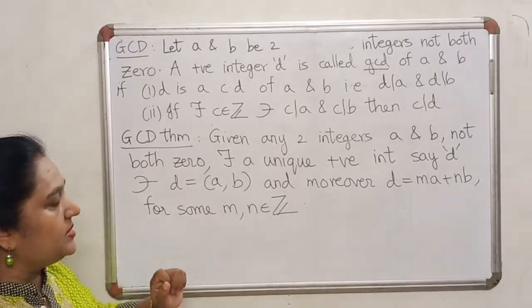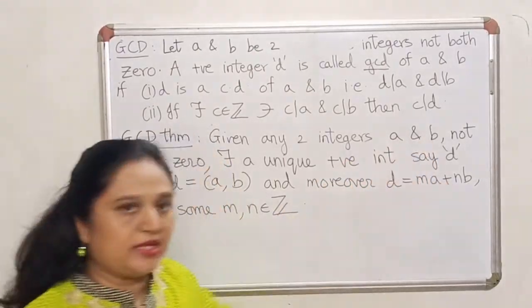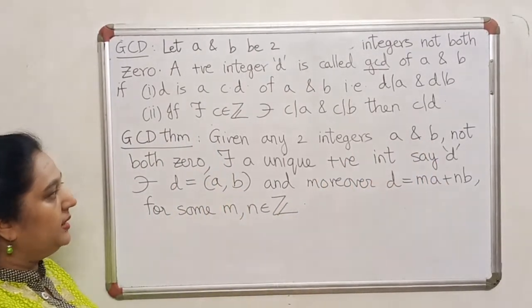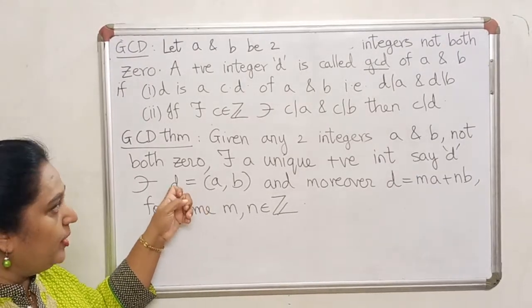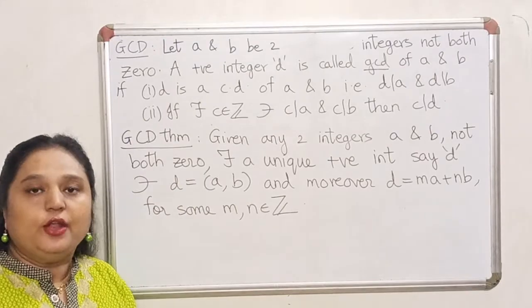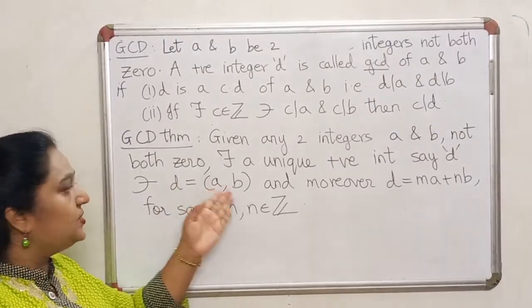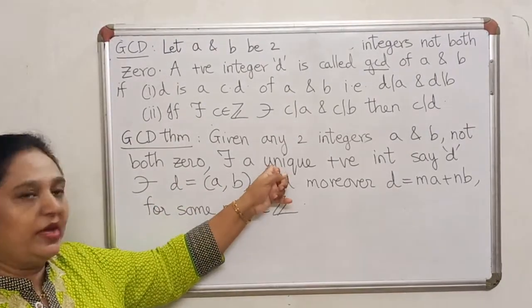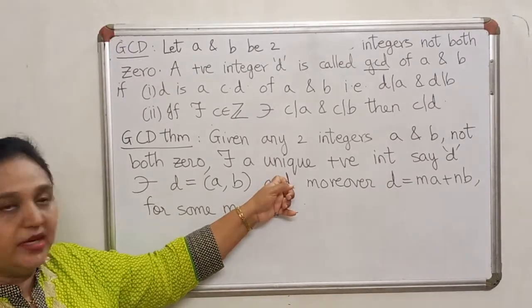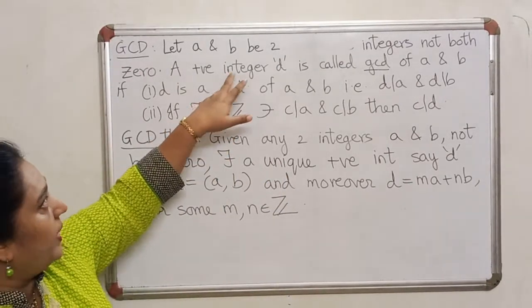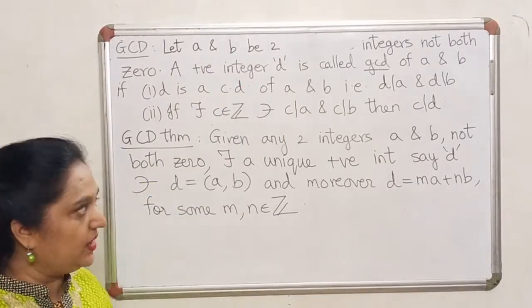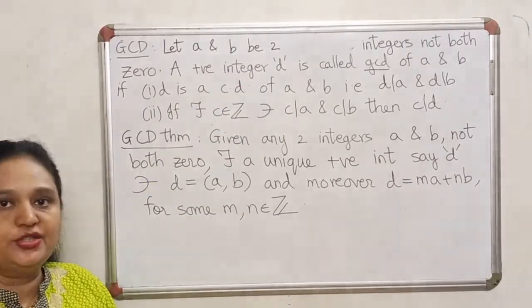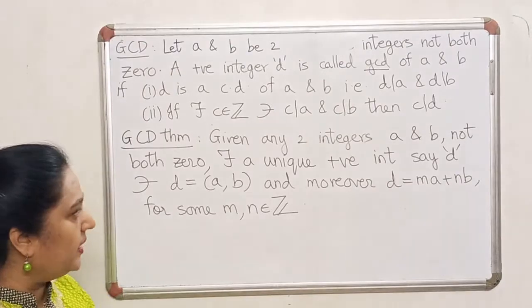So GCD theorem says that if I take any two integers A and B, not both 0, then it guarantees that there will be a GCD for A and B. Not only it guarantees the existence of the GCD, it also guarantees the uniqueness of the GCD. Of course, uniqueness provided I take the definition as a positive integer. We'll see a more general definition when we study ring theory in the next semester.